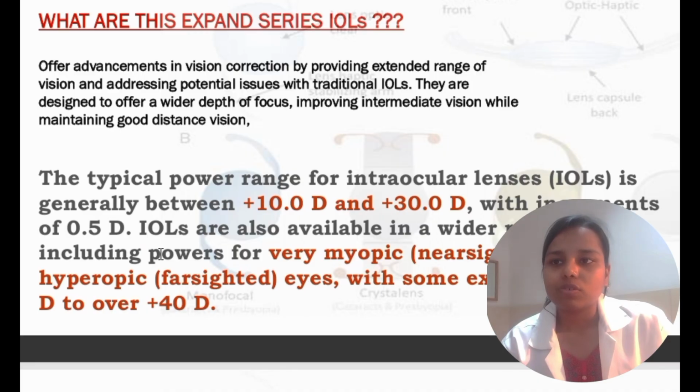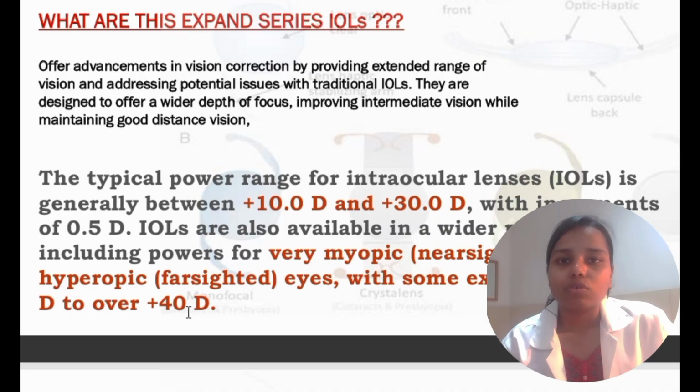So here it shows that this includes powers for very myopic patients. As we know, our patient was very myopic, with pathological myopia, and also for more hyperopic patients, for example someone who has had a vitrectomy, where the amount of plus will be more. For those patients we may also need lenses over 40 diopter or less than 10 diopter.